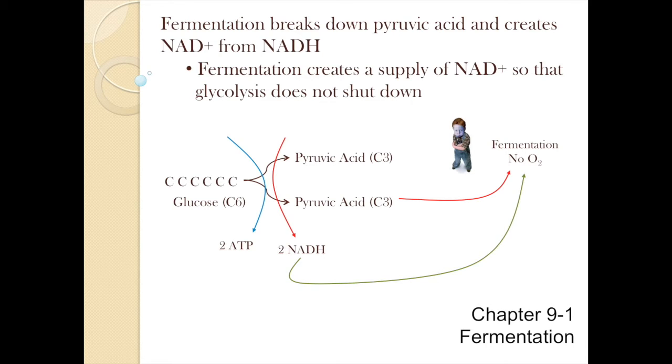Basically, it takes the NADH from glycolysis and turns it back into NAD+. Nowhere in here is ATP being created, but it creates NAD+, so this process can continue to create ATP. And that's really our ultimate goal here.